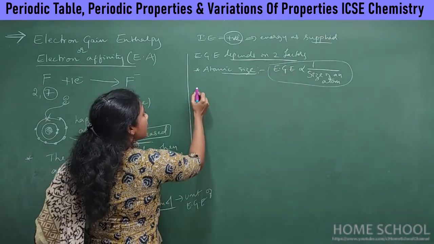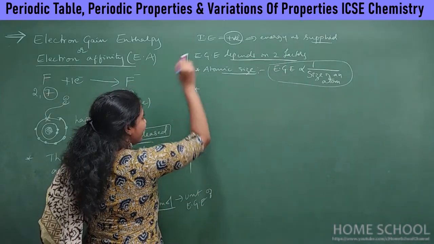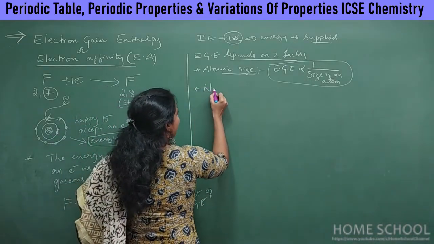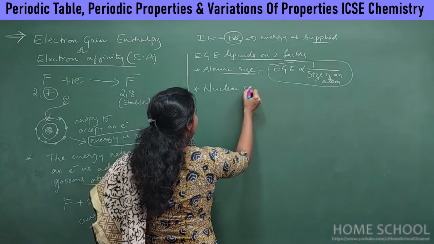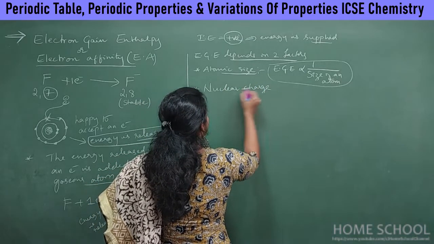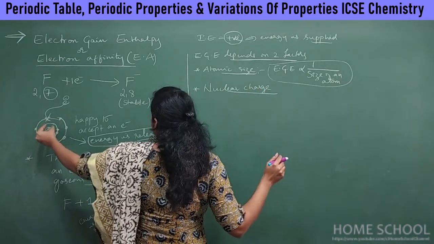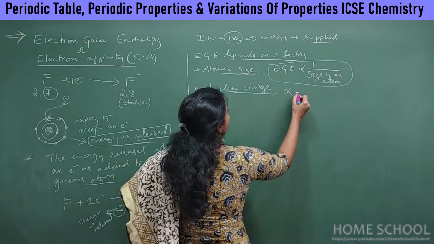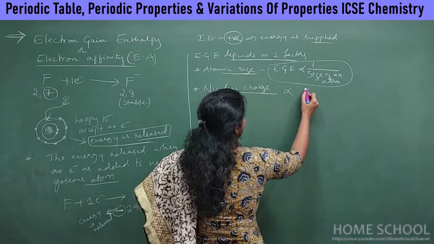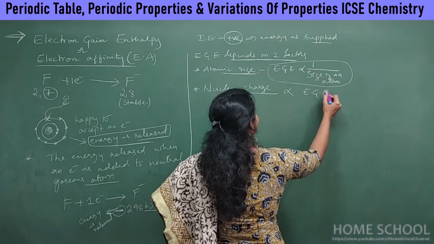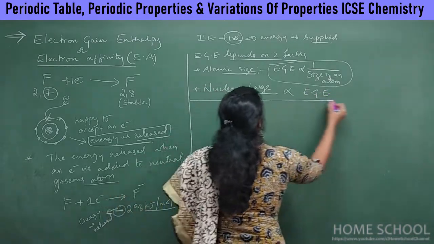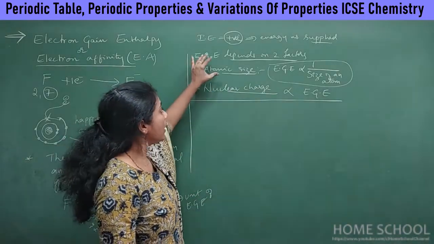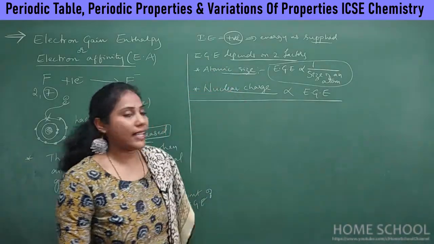Similarly, electron gain enthalpy can also depend on another factor, that is nuclear charge. The more the nuclear charge, the more would be the attraction, right? So definitely nuclear charge is directly proportional to electron gain enthalpy. So this is how our electron gain enthalpy depends on both atomic size and nuclear charge.